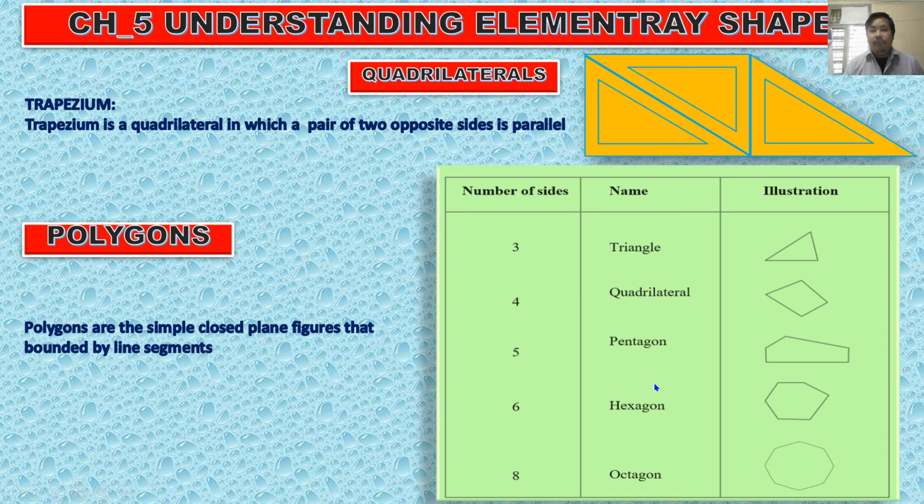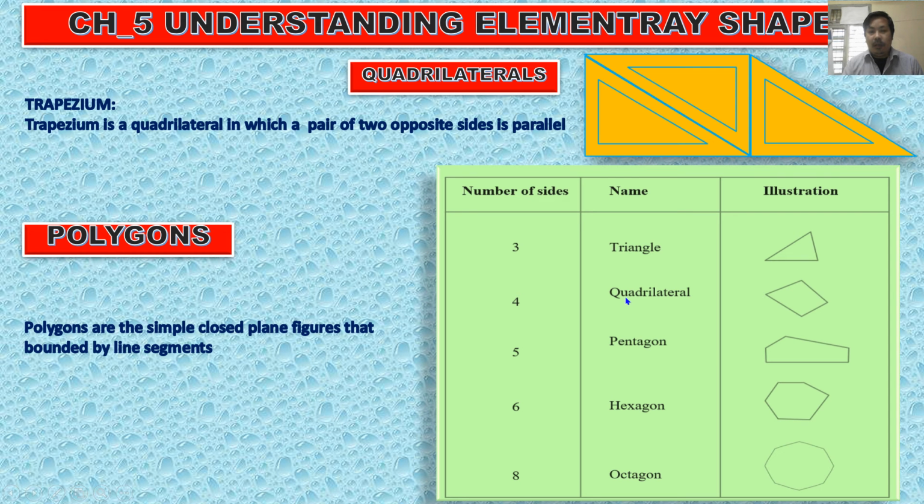So these are the few given in the book, and we can know more if we like. The polygon with seven sides is not given here. A polygon with seven sides is called a heptagon, a polygon with nine sides is called a nonagon, and a polygon with ten sides is called a decagon.